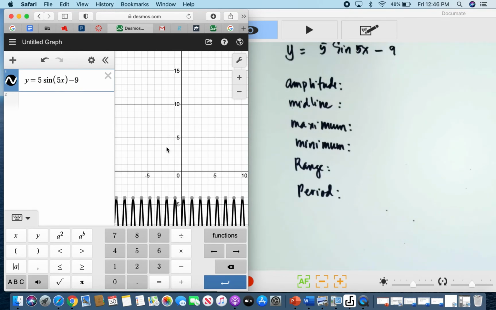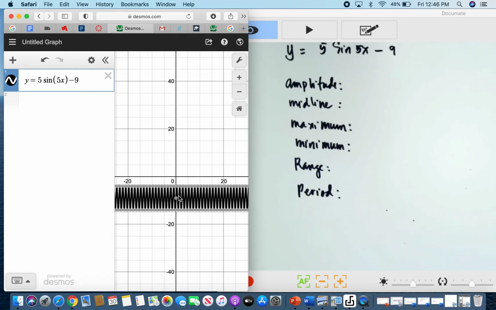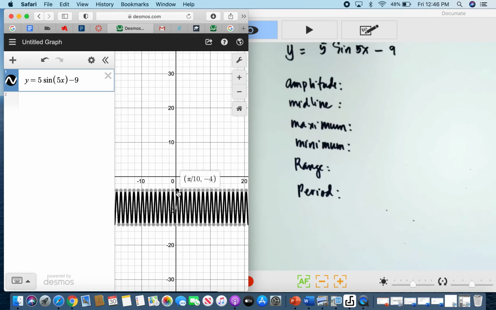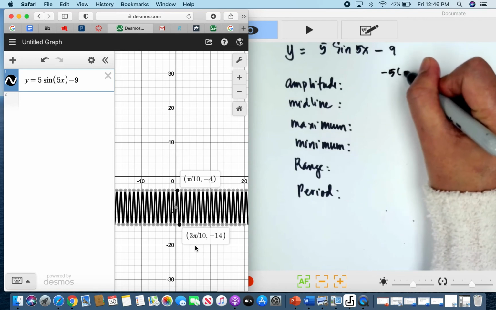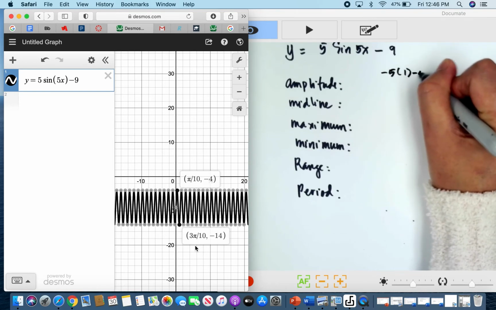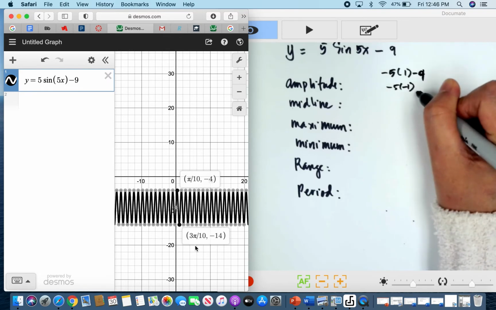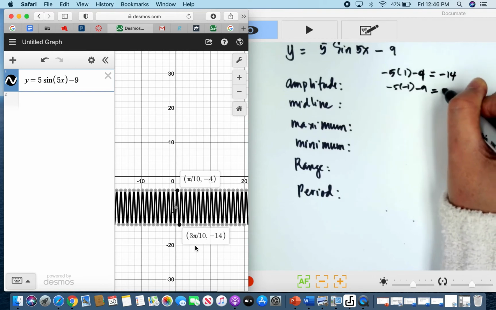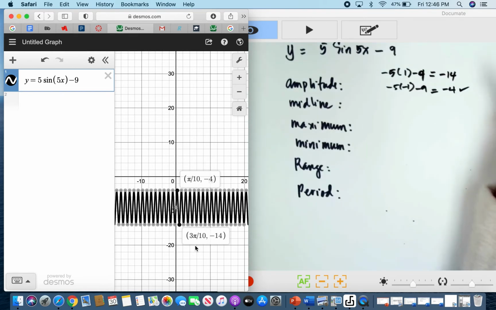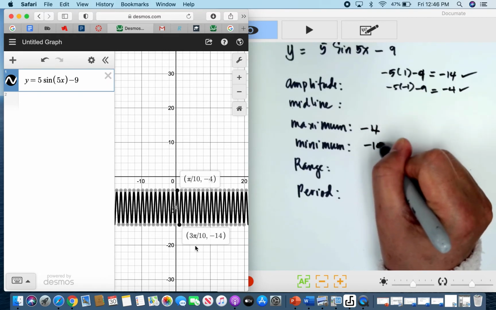From the graph, you would see that our highest point is negative 4 and our lowest point is negative 14, because if I do 5 times 1 minus 9 and 5 times negative 1 minus 9, you will have negative 4 and negative 14. And negative 4 is greater than negative 14. So that's why the minimum is negative 14.